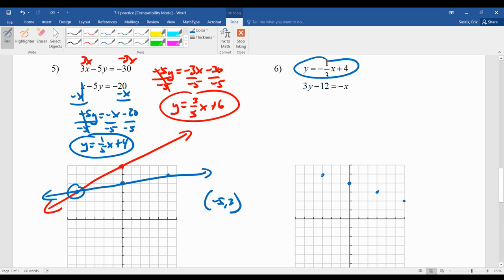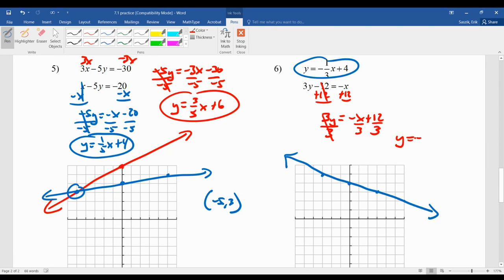Let me go backwards. And I got to do a little work here. 3y equals negative. Remember, notice how I wrote the x first. Y equals -1/3 x plus 4.